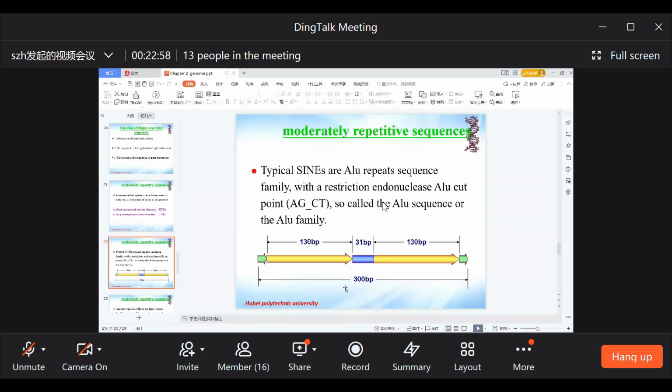cleaved by the restriction endonuclease ALU, at the site AGCT.